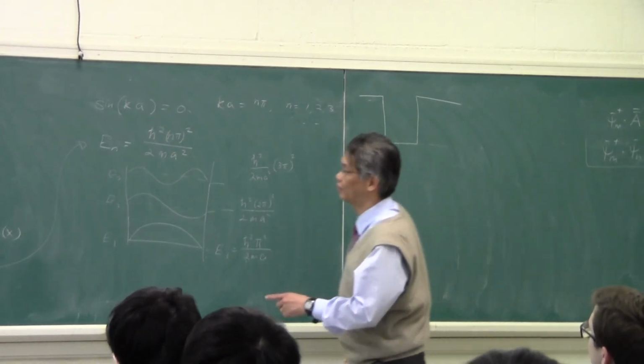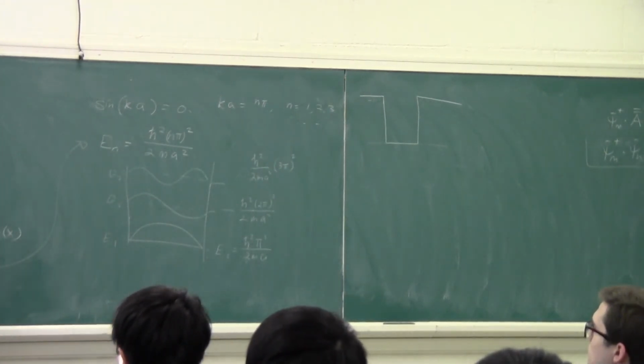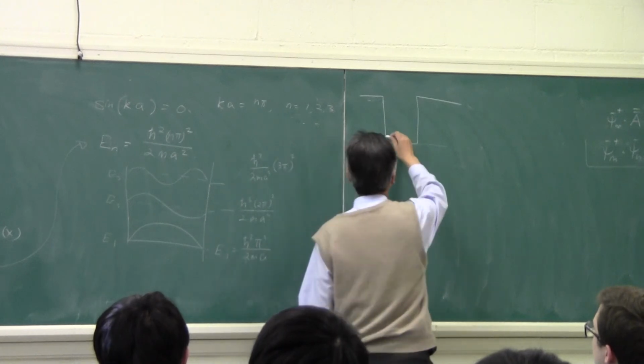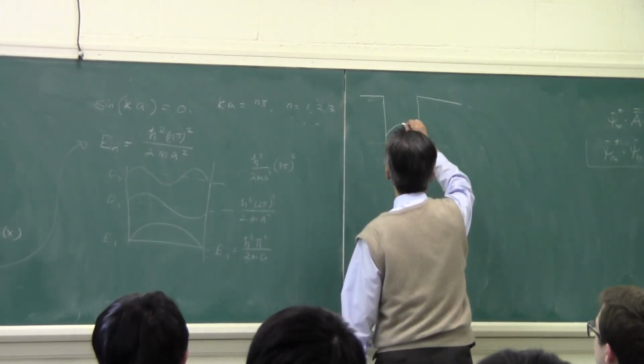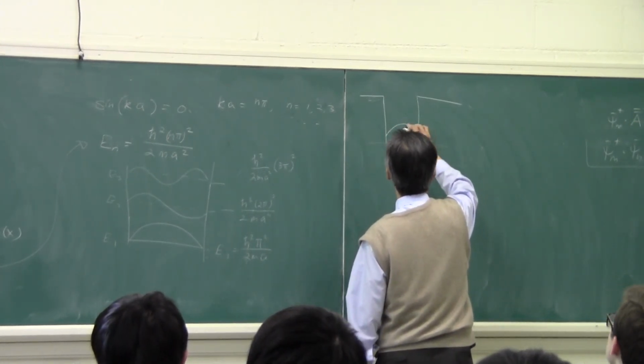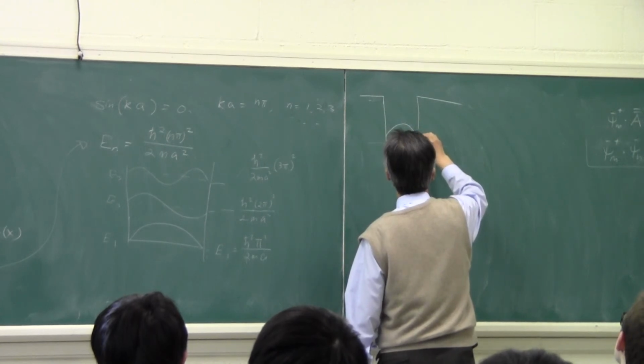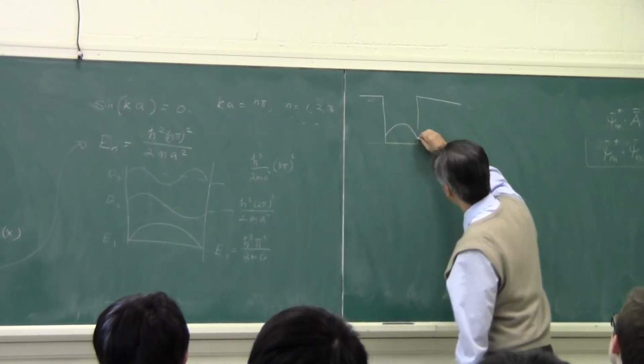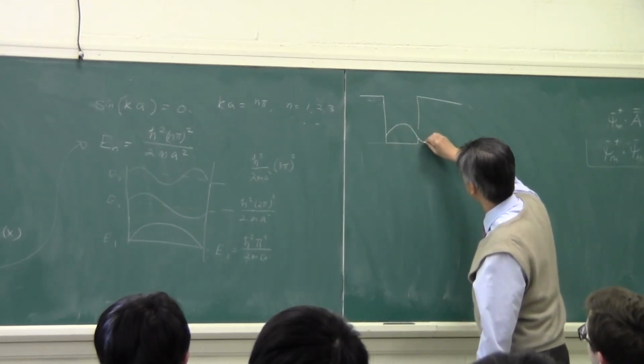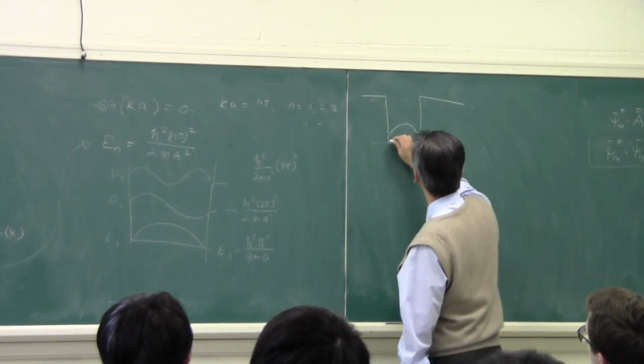It will have to satisfy the mathematical property that I have convinced you of just by eyeballing this equation. So if I were to sketch the wave function, it will have to look something like this. The wave function and its derivative must be continuous. So it must look something like this outside.